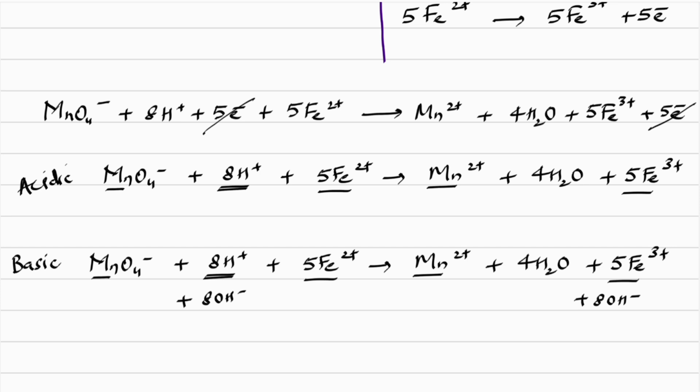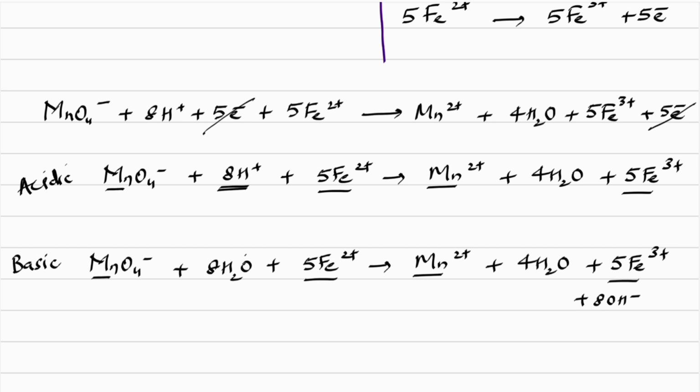Now 8H plus and 8 hydroxides together, they become 8 water, right? So in place of 8H plus and 8OH, I would just write 8 water. Now let's see what can be cancelled.